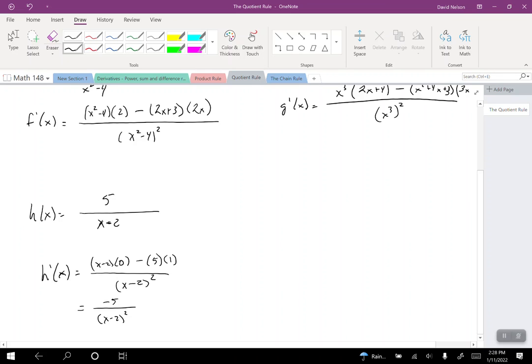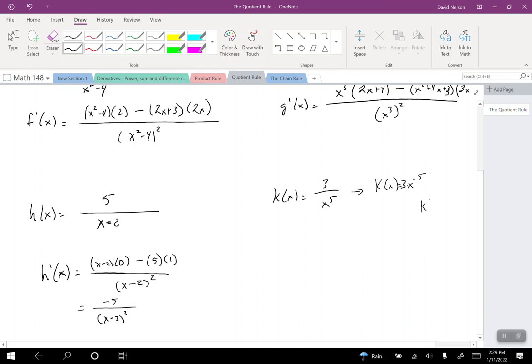All right. We had something the other day where we were doing 3 over x to the 5th, and we saw one way to do it, and you'll probably think it's the easier way, which is to think of this as 3 times x to the negative 5 power.